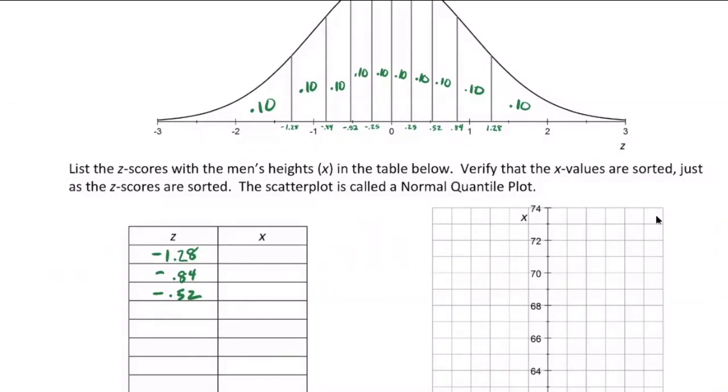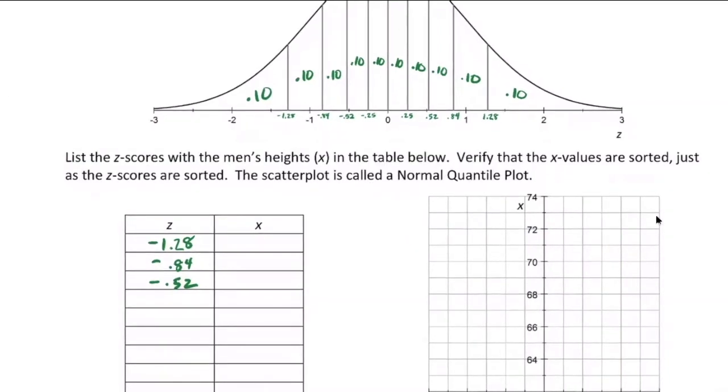Its distribution is as normal as you can get, as long as you only care about the nearest hundredth, 2 places after the decimal. Let me put these in now. Negative 0.52, negative 0.25, hang on.